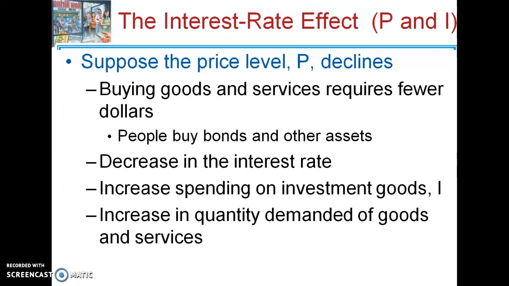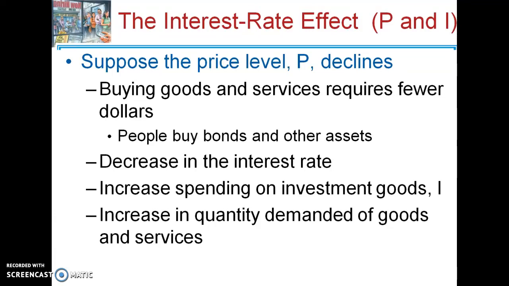So think about it: people were demanding a ton of money, like everyone wanted to borrow money, that would probably drive up interest rates. So if prices are getting higher and higher, you need to borrow more to fund your lifestyle or to fund your business, so that would drive up rates. If price levels are falling, your money that you currently have goes farther, you don't need to borrow as much.